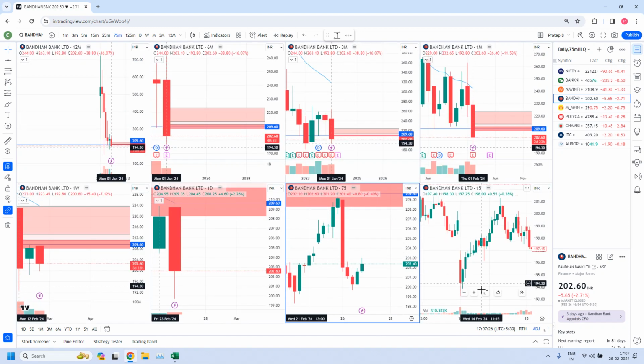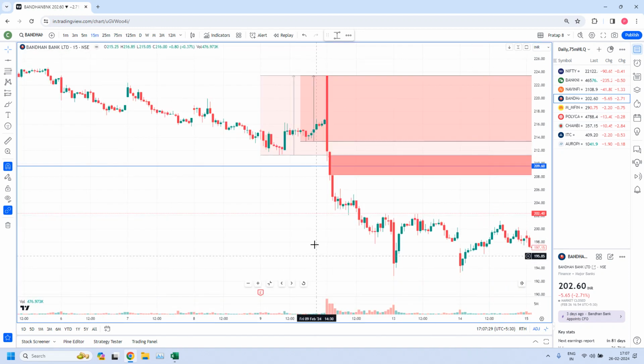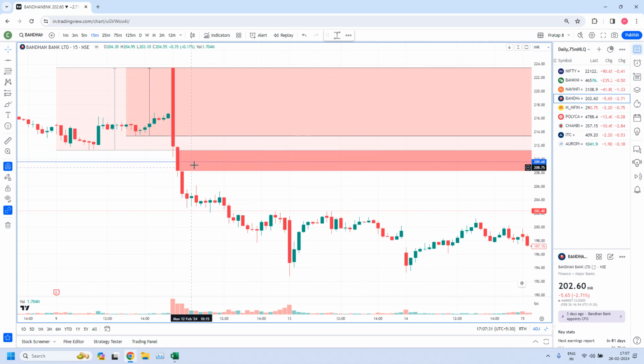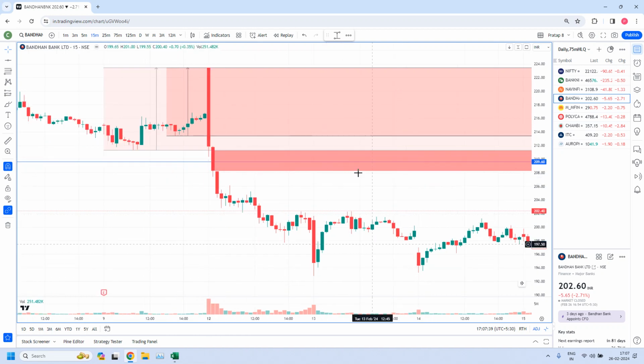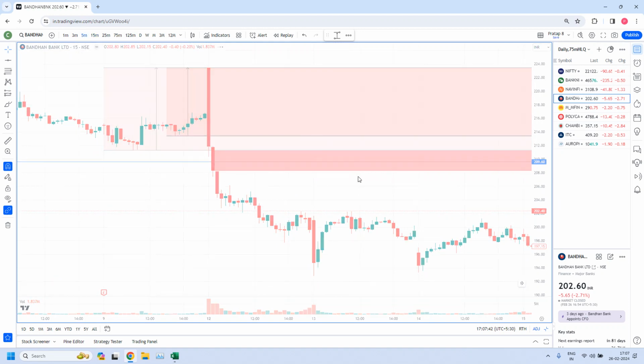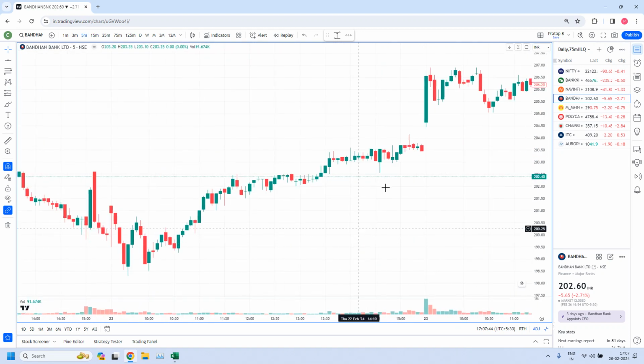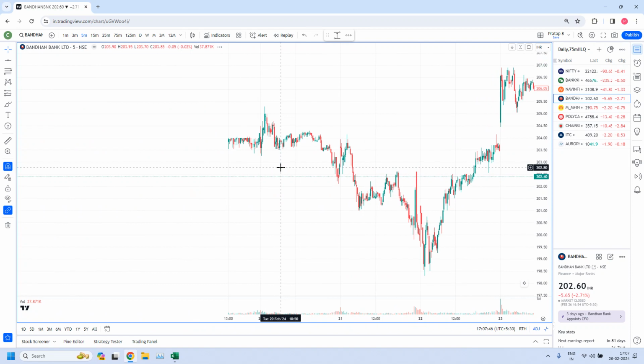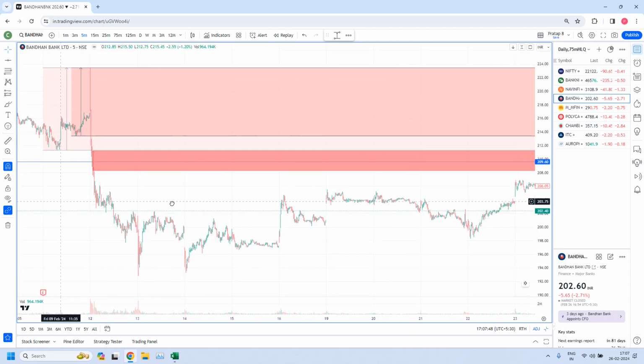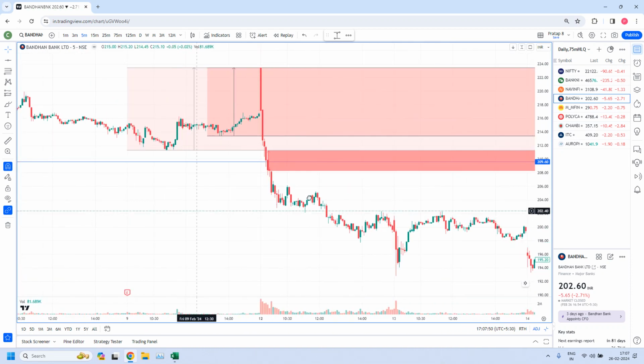Because in 75 there is no zone, I went to 15 minutes. In 15 minutes also I did not find a zone. We have a drop, and these are also medium size leg candles, so there are no base candles. For that, what I did was go again to the 5 minutes zone. Look here, the 5 minutes time frame.